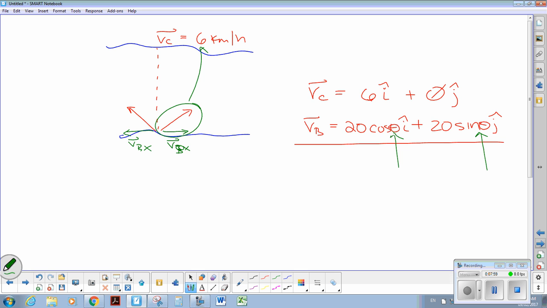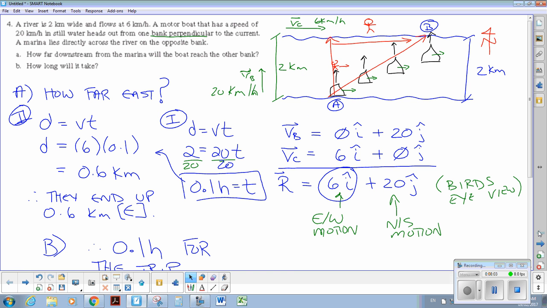So anytime you move off the perpendicular, it will change the question. But for what was asked there, it's realizing that if the boat is simply moving north-south, it does not influence how far downriver you travel, because it's solely the river's velocity that will determine that. Hopefully that clears that up a little bit. If you have any further questions, let me know.